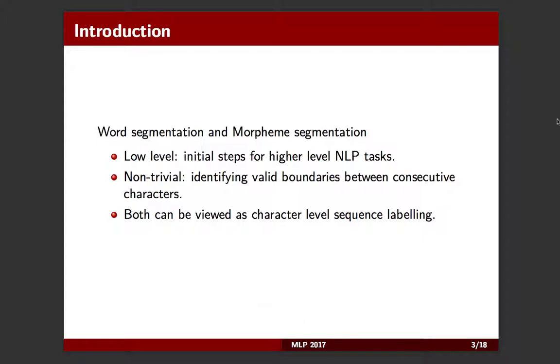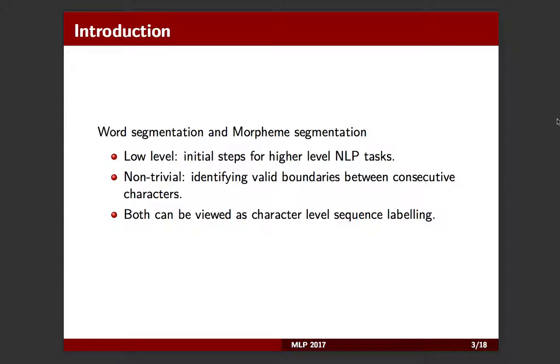Word segmentation and morpheme segmentation are both very low level. So they are the initial steps for many higher level natural language processing tasks like POS tagging, parsing, machine translation, etc. Word segmentation can be very non-trivial for languages like Chinese, Japanese, and Vietnamese because there is no clear word delimiters in the surface form.